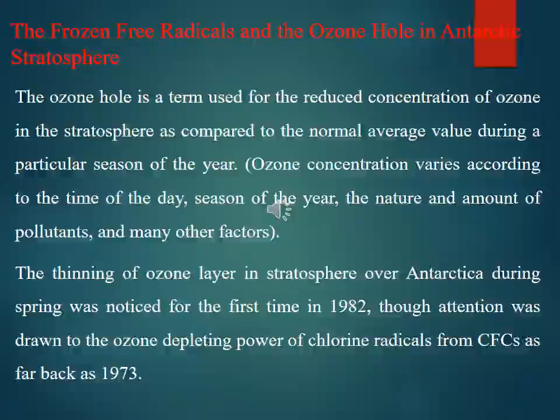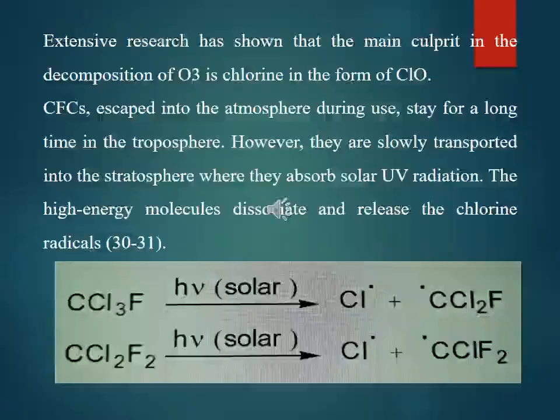The thinning of the ozone layer in the stratosphere over Antarctica during spring was noticed for the first time in 1982, though attention was drawn to the ozone depletion power of chlorine radicals from CFCs as far back as 1973.